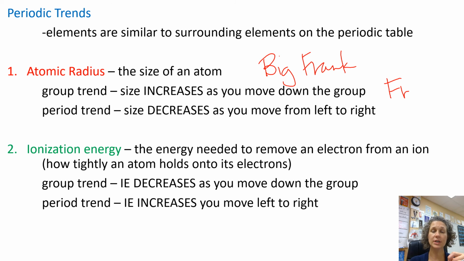And then it increases as you move from left to right. And so on the periodic table, the element that has the highest ionization energy is helium. Helium is He, and I like to think of this one as He-Man, because that was a cartoon when I was a kid, and He-Man was very strong, so he would be able to hold on to his electrons.